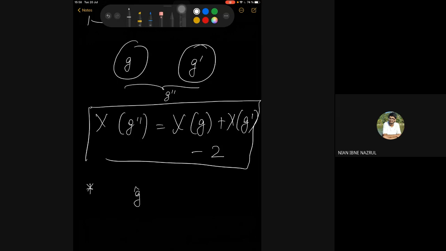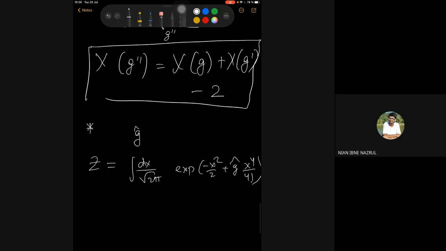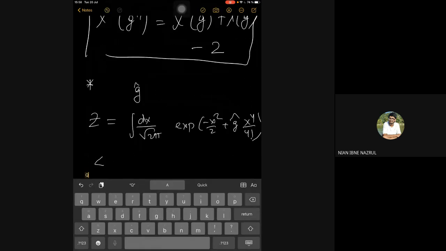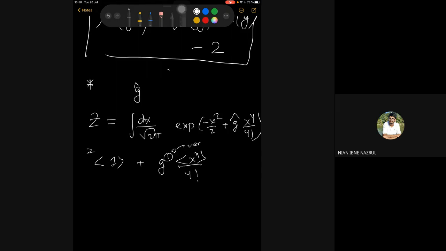Okay, G hat. If you look at the power of G hat, that is, if you remember our partition functions, these were something like this. If you look at the different powers of G, for example, if you expand this out, this is 1. That is, you're looking at vertex 1. And how many edges do you have?